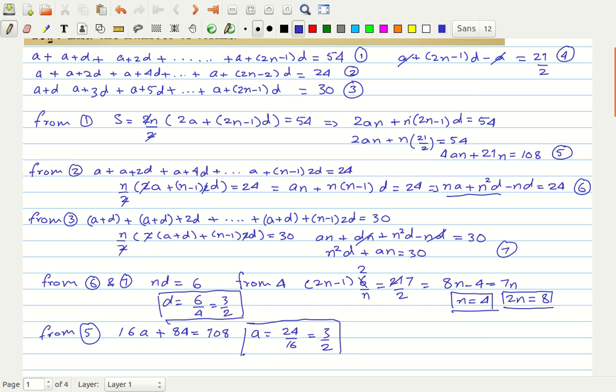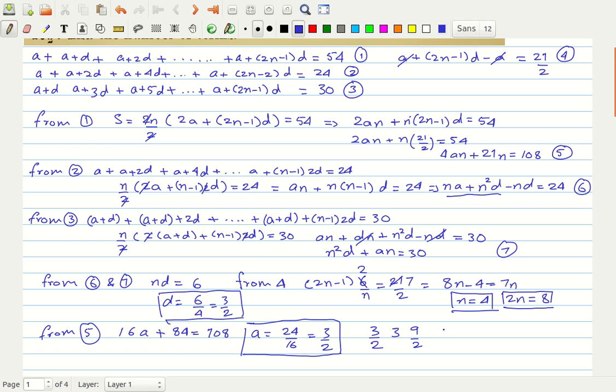So can we find the sequence? The sequence will be a, which is 3 by 2, plus a plus d. d is 3 by 2 again. So 3 by 2 plus 3 by 2 is 3. Now 3 by 2 plus 3 by 2 is 4 and a half, which is 9 by 2.